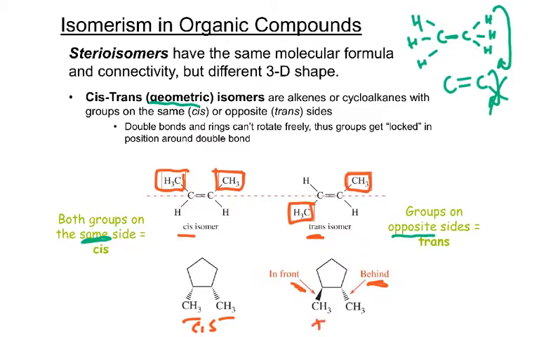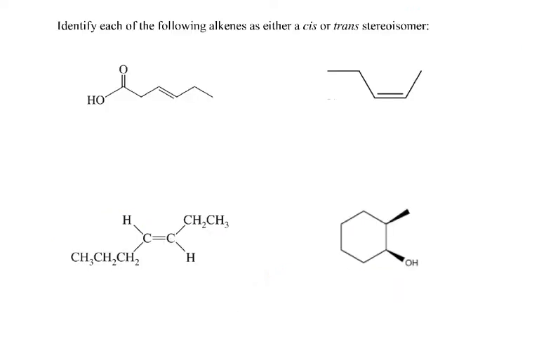And these are going in opposite directions on opposite sides of the ring, so this would be the trans isomer. Cis and trans isomers only exist if there's an alkene, a double bond, or a cycloalkane, a ring, because those things can't rotate, and so they get locked in those shapes permanently. That makes those two isomers actually different molecules.